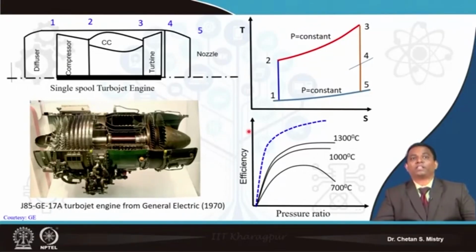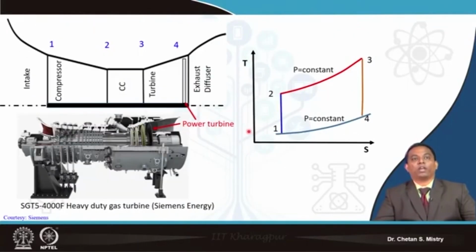This aero gas turbine engine is used for the generation of thrust. Now this represents the cut section of the engine.